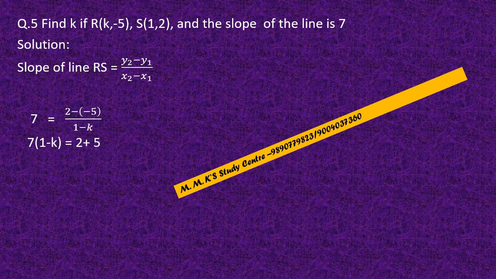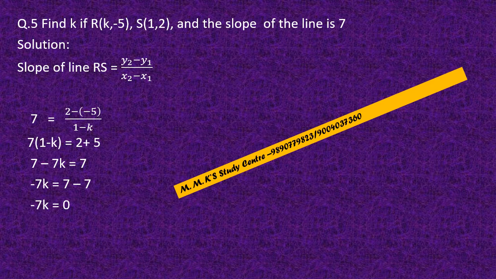We'll do the cross multiplication, children. So 7 multiplied by 1 minus k, whereas 2 minus minus 5 will become 2 plus 5. Open the bracket: 7 into 1 is 7, minus sign as it is, 7 into k is 7k. 2 plus 5 is equal to 7. Here 7 we will bring to the right hand side, so minus 7k is equal to 7 minus 7. 7 minus 7 will become 0.